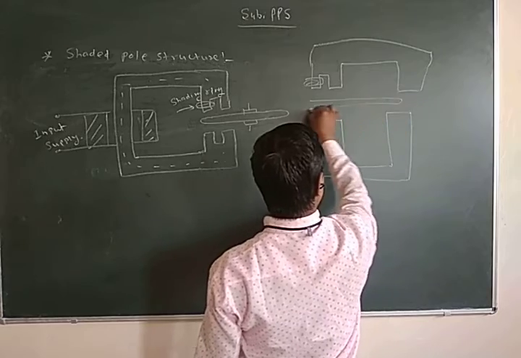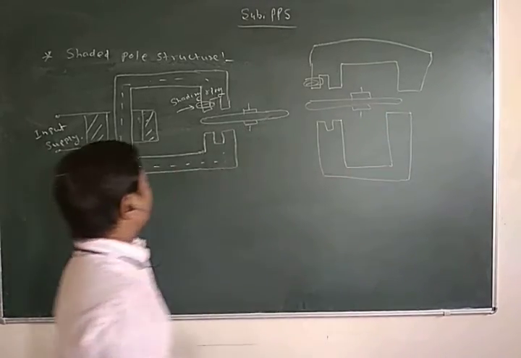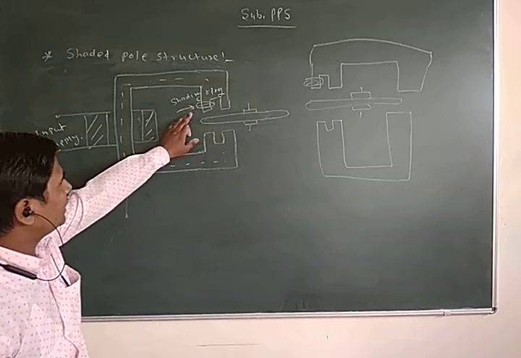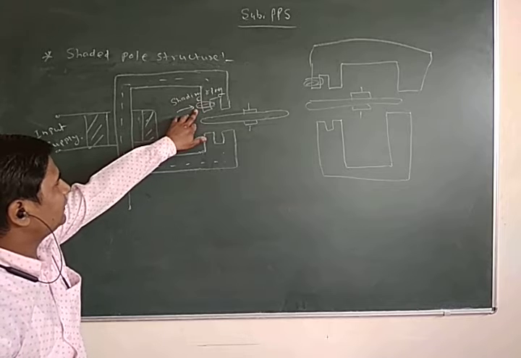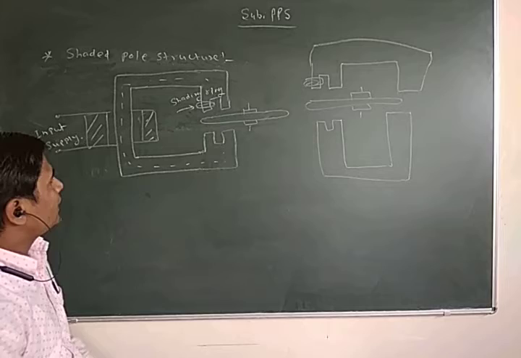So in this way we split the core into two parts. In one part we insert a ring, that is a copper ring, or its name is shading ring.